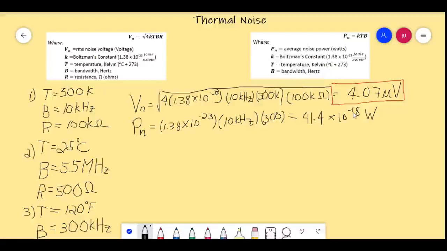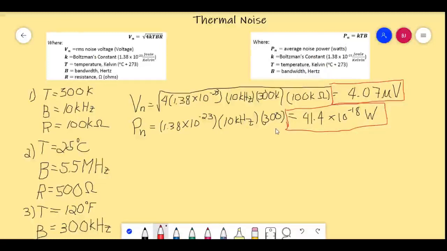Although I think there is a prefix for -18, for simplicity's sake, let us just leave it as is. Just don't forget that noise voltage should be in volts, and noise power should be in watts.